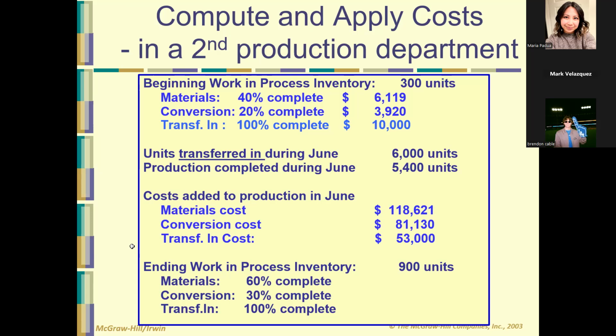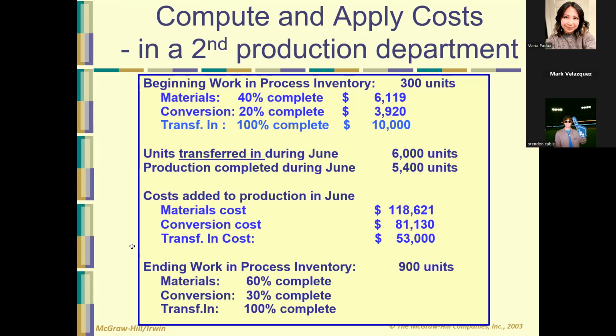Beginning inventory plus transfers in is what you're responsible for. You transfer out and you go from there. So there are our units of production. Now what we have to come up with is the unit price.